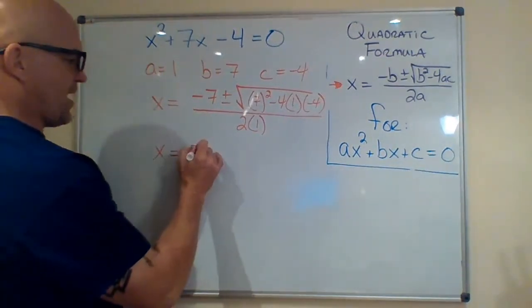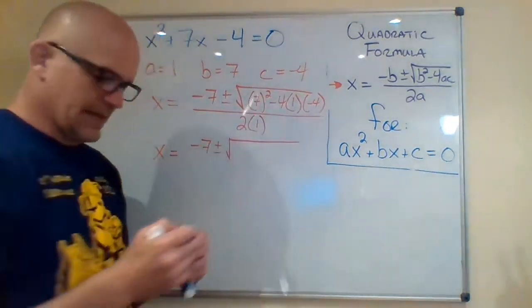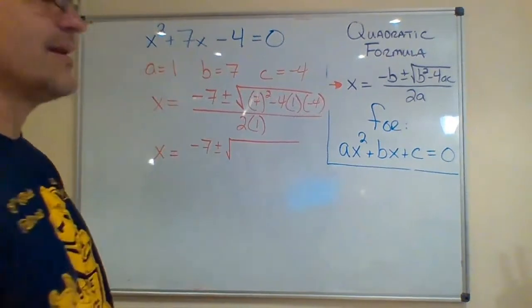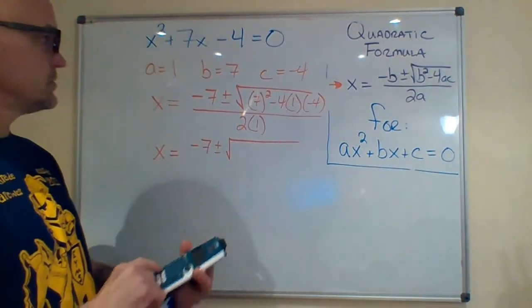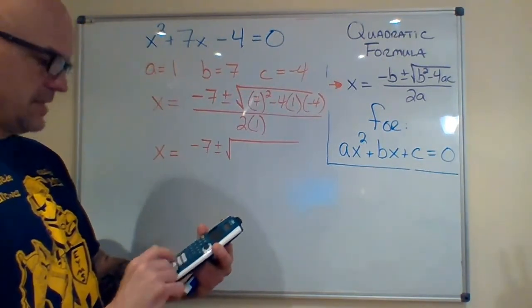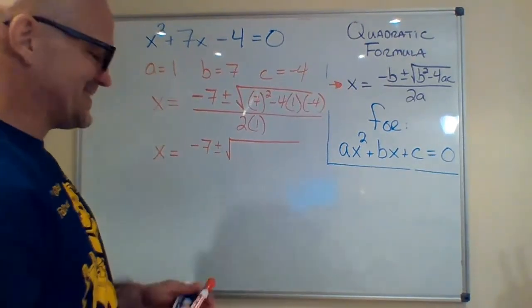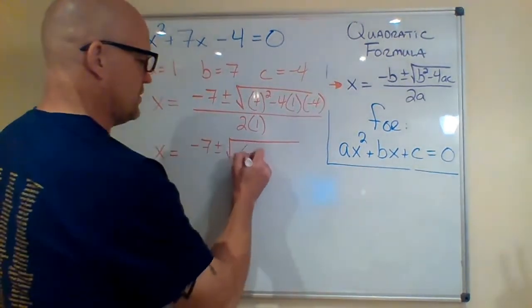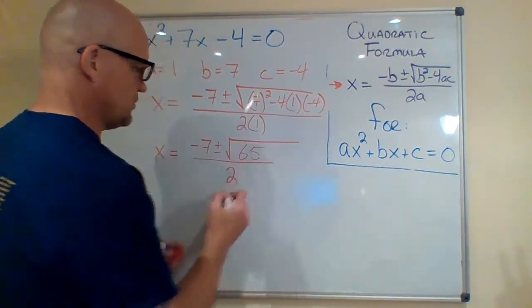So now we're going to simplify. First thing I'm going to do is take care of that root. Again, this is where I highly recommend going to your calculator, typing that in. I've got 7 squared minus 4 times 1 times -4. When I put all that in, I get 65. Square root of 65, all over 2.